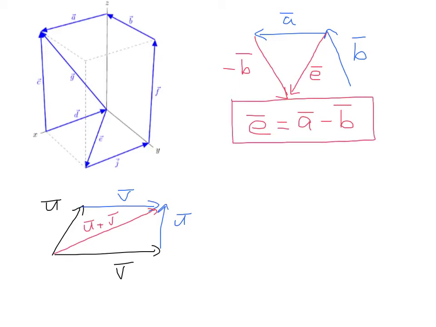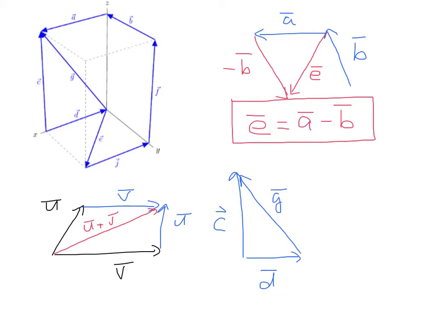Alright, so let's explore another one. Let's take a look at the relationship between C, D, and G. Here we draw C, and D is going to the right, and G is going upward.